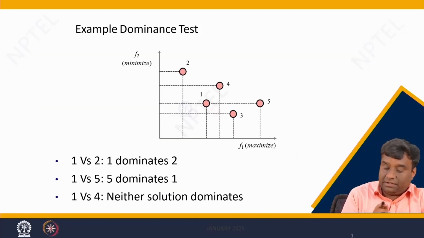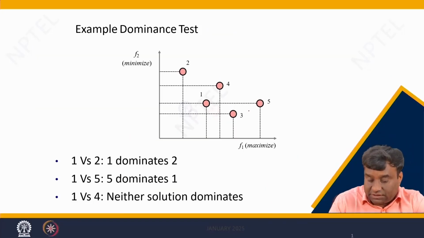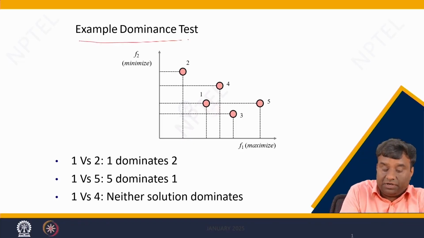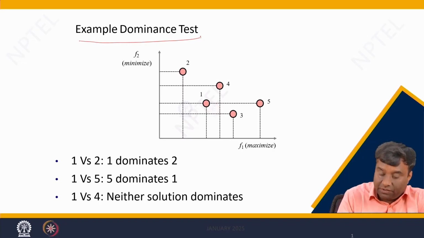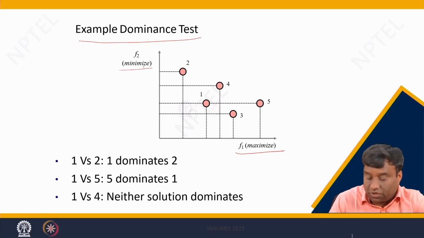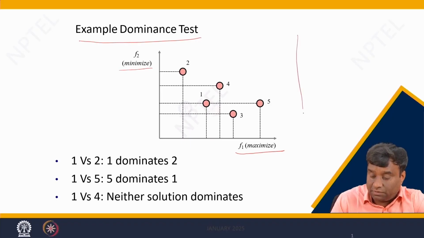So here we have plotted some five solutions. This is another example of a dominance test, example 2. There are solutions 1, 2, 3, 4, 5. Our aim is to maximize F1 and minimize F2.